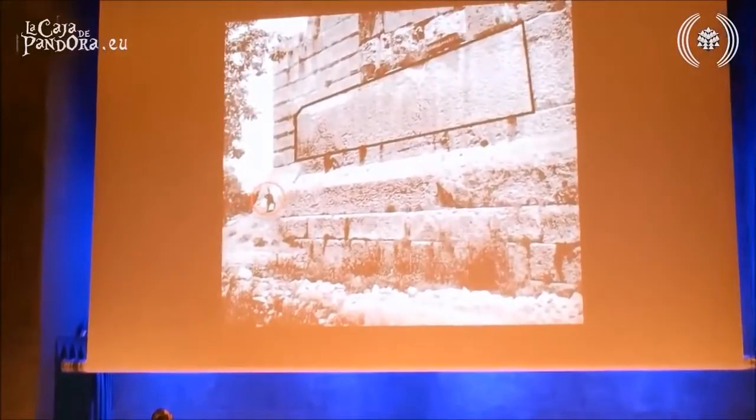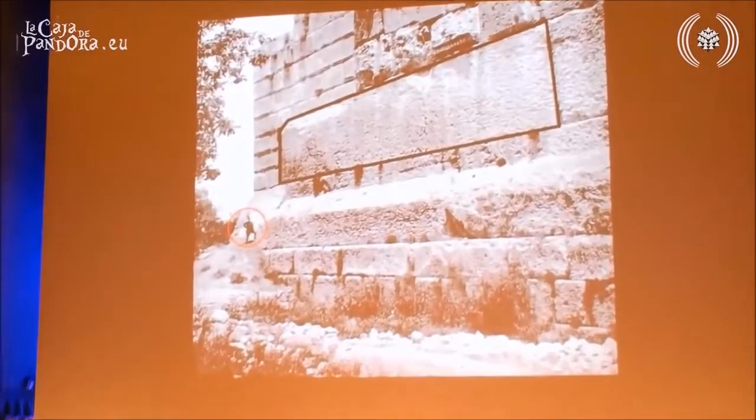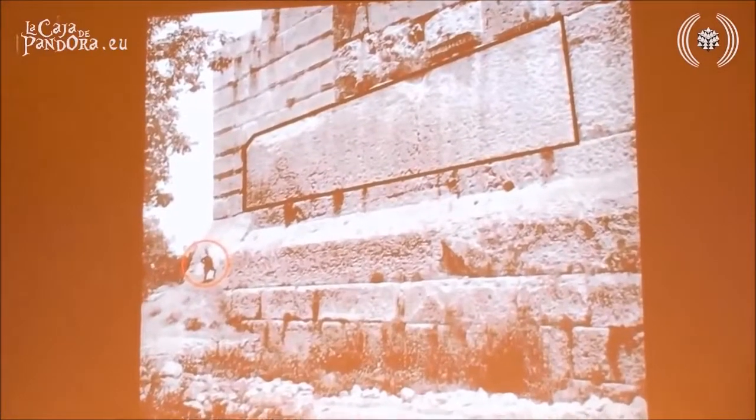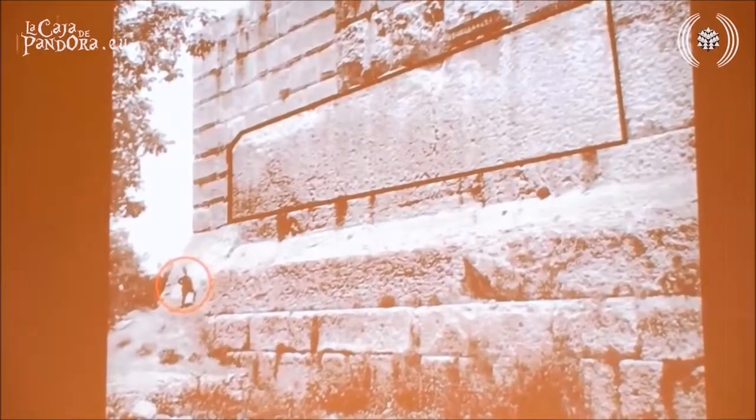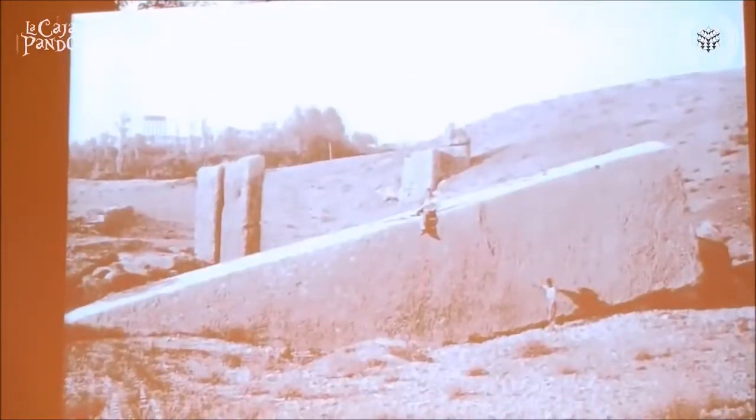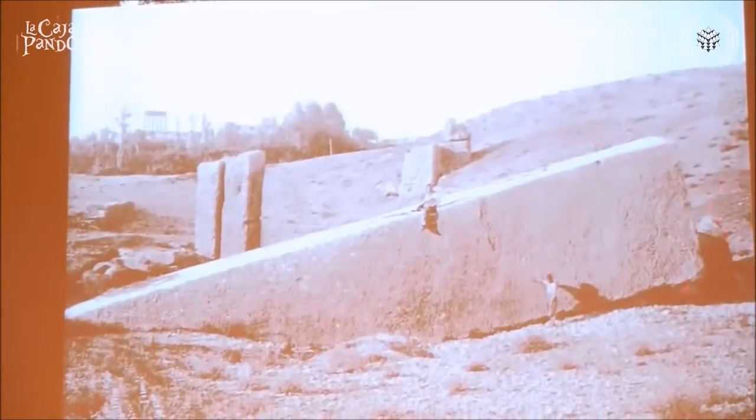Look at the size of this thing. I think it's like 1,000 tons. This is in the quarry where it was cut. Imagine trying to lift something like that.